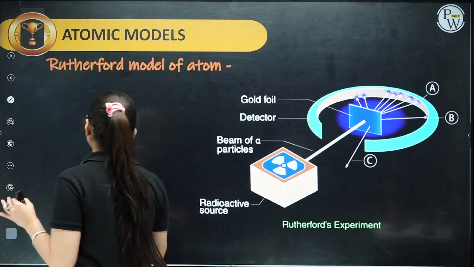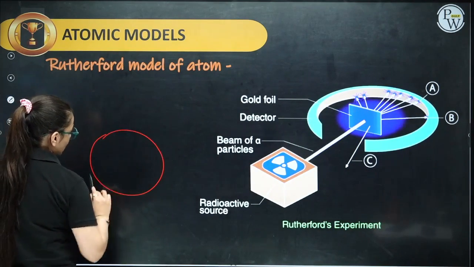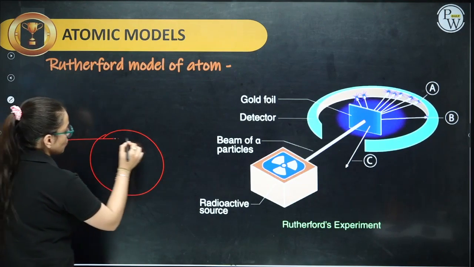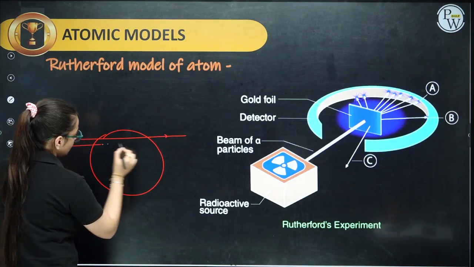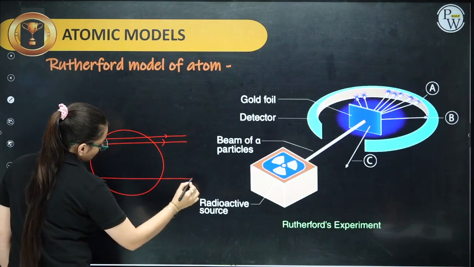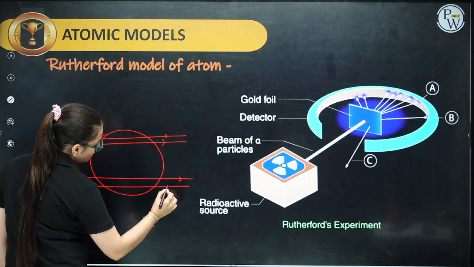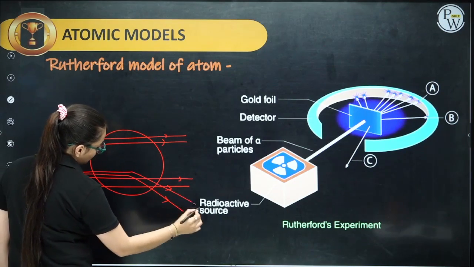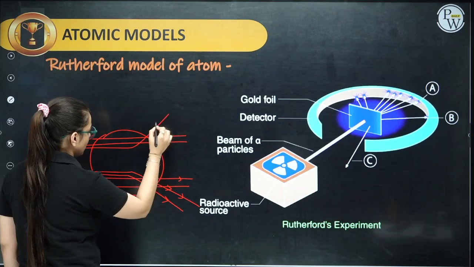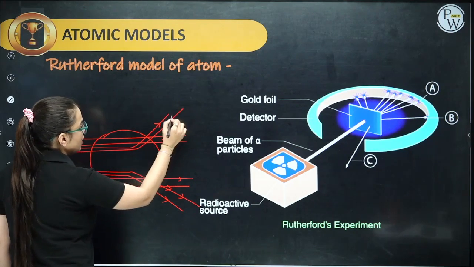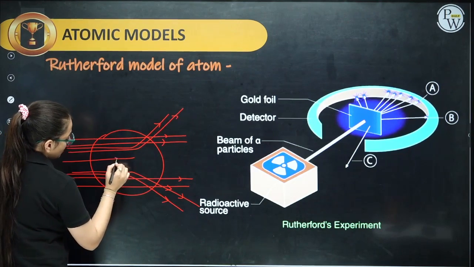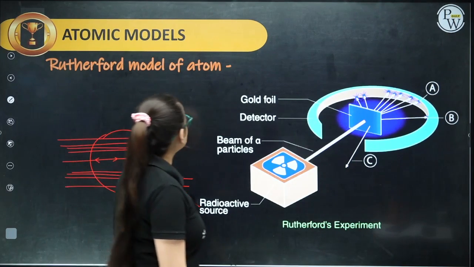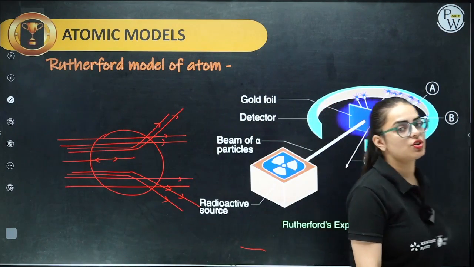For example, if we have an atom and he bombarded it, he observed that some of the rays were traveling straight, some were deflecting or deviating at a certain angle, while very few, students, were coming back. So this was seen in the case of the Rutherford model of atom.